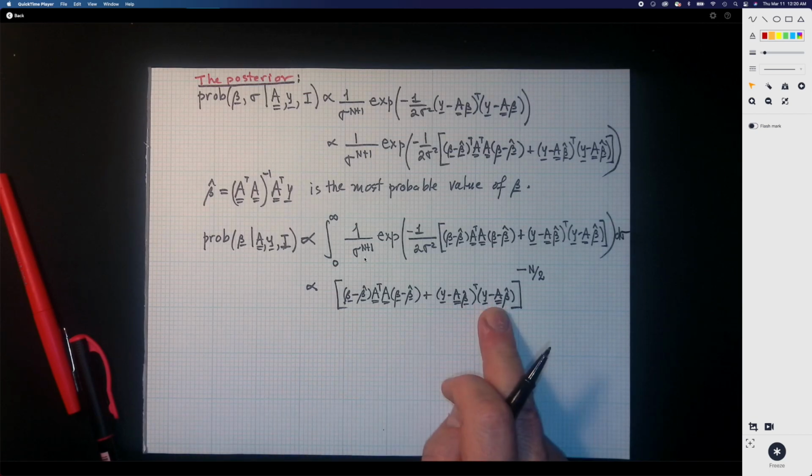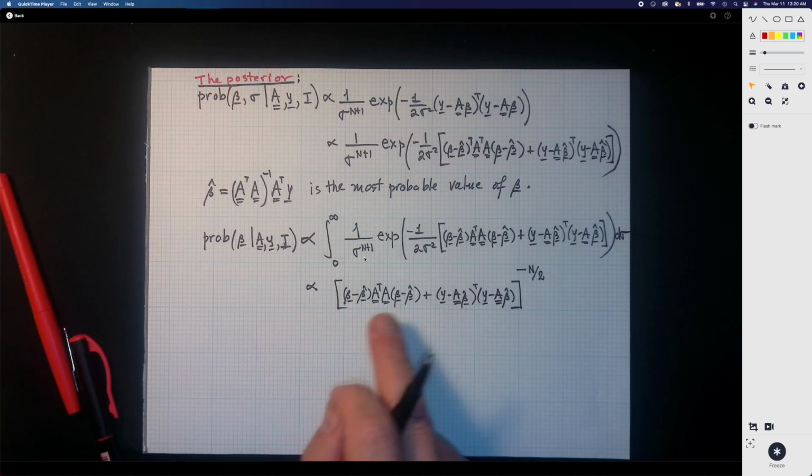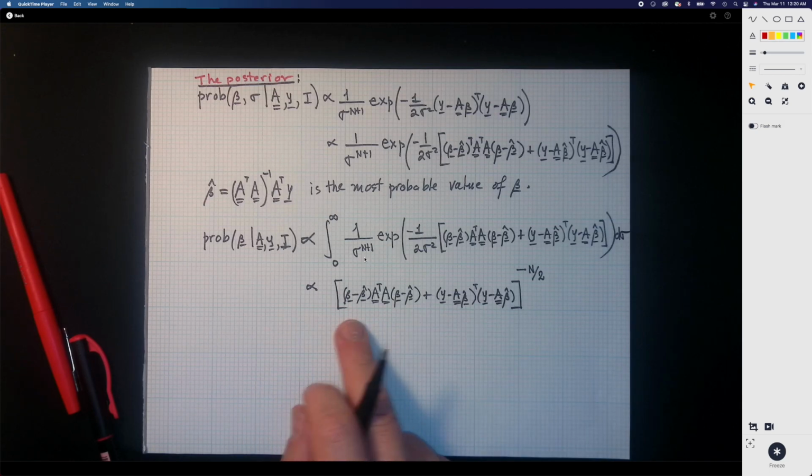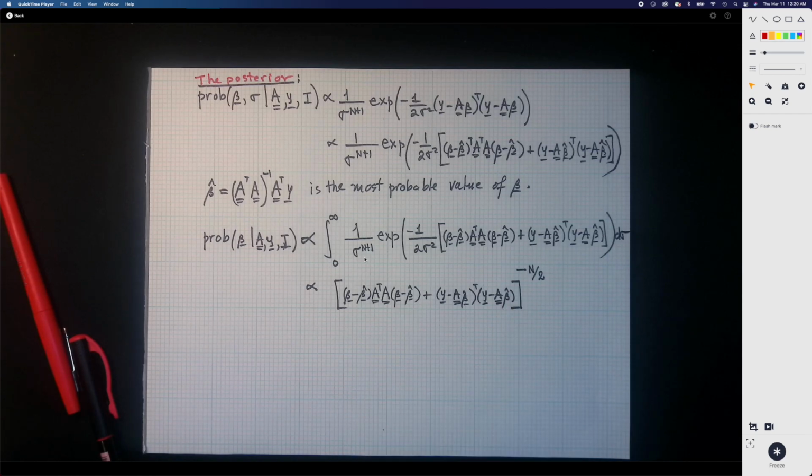So we can use this function to find the error bars on the parameters beta and beta hat, and also to find their covariances.